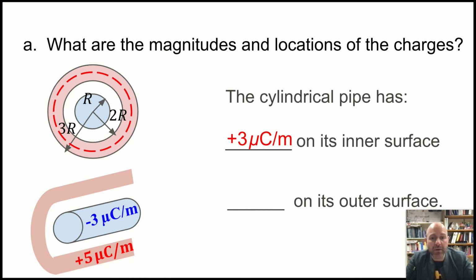And then we know the outer cylinder, the outer pipe as we've called it, has a total of positive 5 microcoulombs. And now we know that positive 3 microcoulombs per meter are on the inner surface, which means we need 2 microcoulombs per meter on the outer surface.